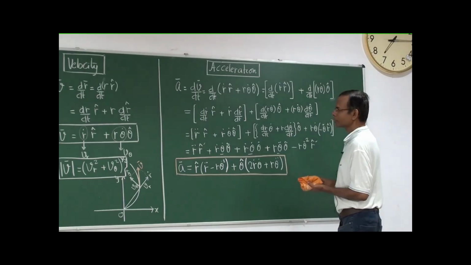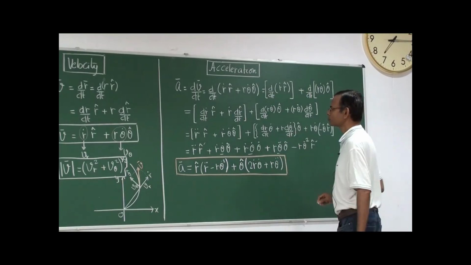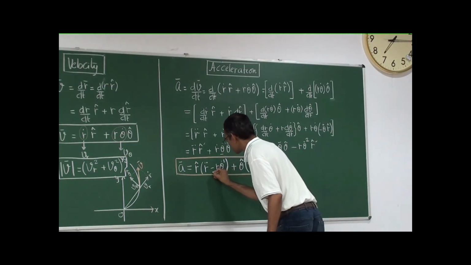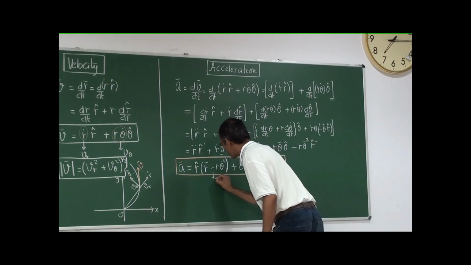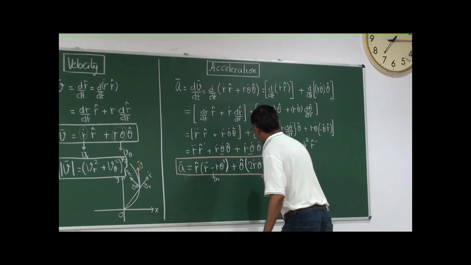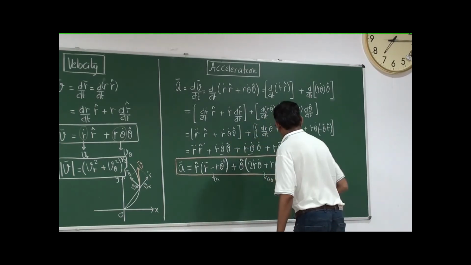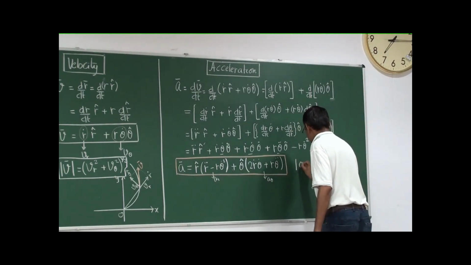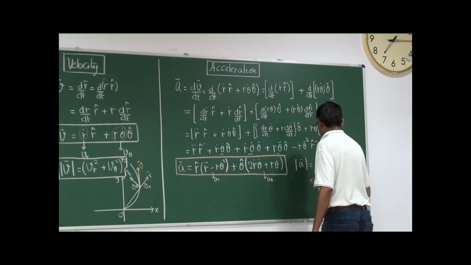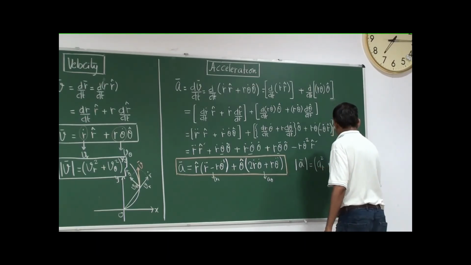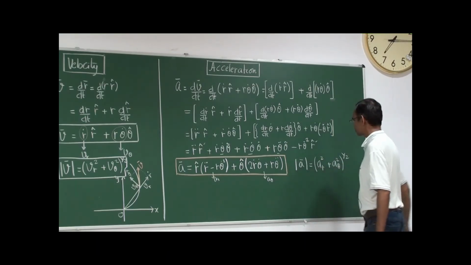Now exactly the way we have done for the velocity, this particular part we can say is A of r, and this particular part we can say A of theta. So we can write the magnitude of A is A r square plus A theta square to the power of half, or square root, whatever.